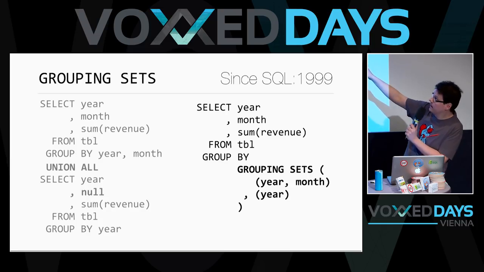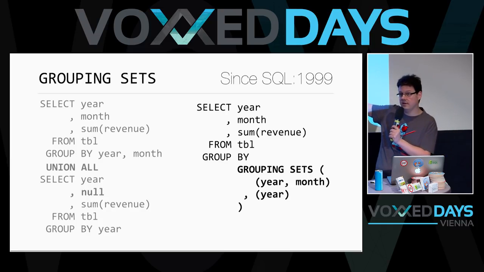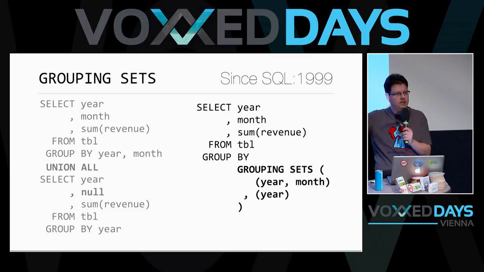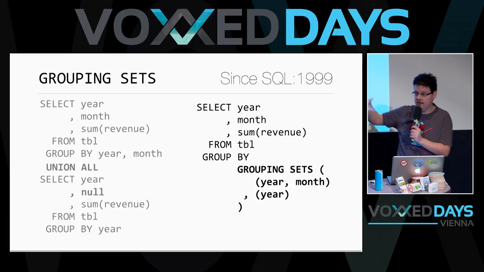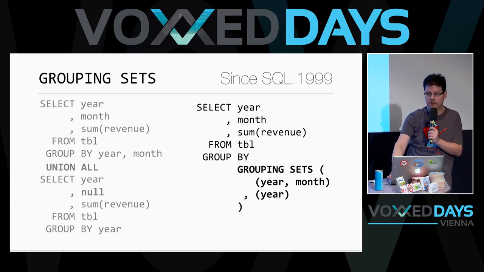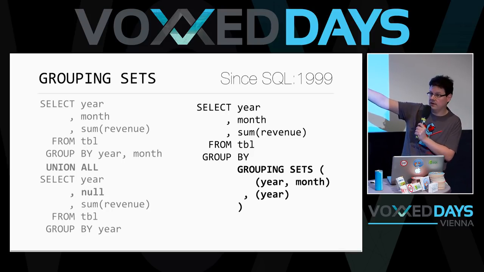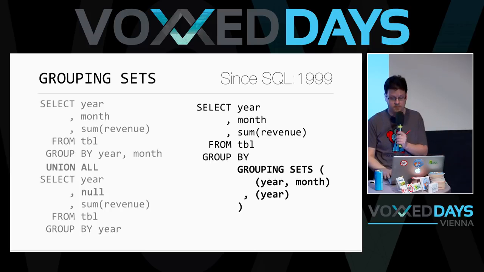So in the group by clause, you can now have the so-called grouping sets. And there you can say, hey, I would like to aggregate the same data twice. Once on yearly and monthly, which basically means monthly basis, and once again on just yearly basis. And it does the very same thing as on the left-hand side. It's just less typing and faster in execution.